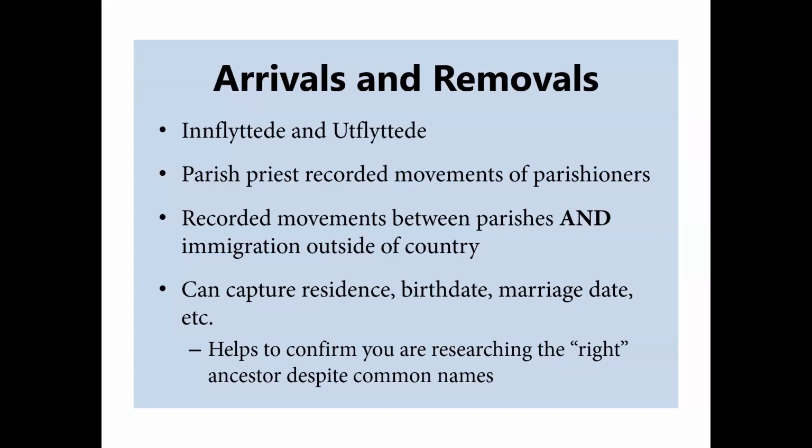You would trace her leaving her home parish and arriving in a new parish. And the parish priest would capture her birth date, where she was from. That's how you know that you have the right Mari. And that's the way that you're going to tackle that common name problem, is to consistently and accurately link her as she moves along.